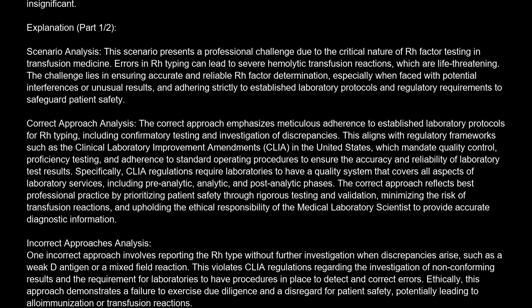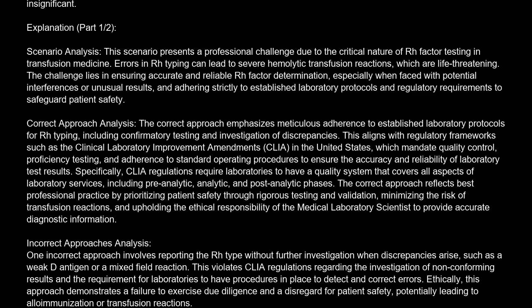Correct approach analysis. The correct approach emphasizes meticulous adherence to established laboratory protocols for RH typing, including confirmatory testing and investigation of discrepancies. This aligns with regulatory frameworks such as the Clinical Laboratory Improvement Amendments, CLIA, in the United States, which mandate quality control, proficiency testing, and adherence to standard operating procedures to ensure the accuracy and reliability of laboratory test results.